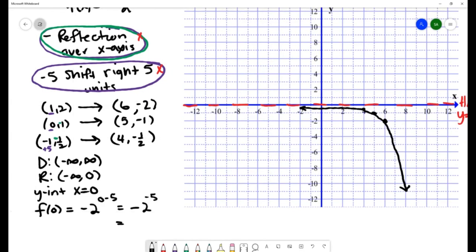That's the same thing as negative 1 over 2 to the 5th power, and I believe that's 32. Let's double check. So 2 times 2 is 4, times 2 is 8, times 2 is 16, times 2 is 32. So negative 1 over 32. And you can see by our picture here that that y-intercept would be very, very close to 0. So we've got a pretty accurate picture there.